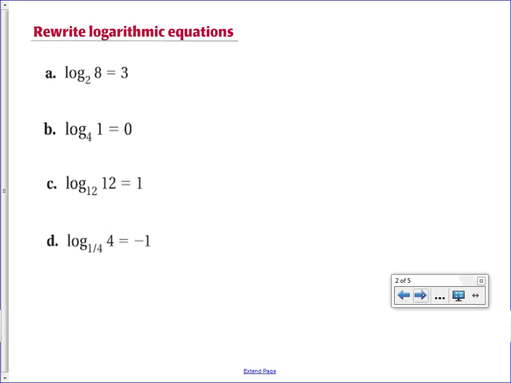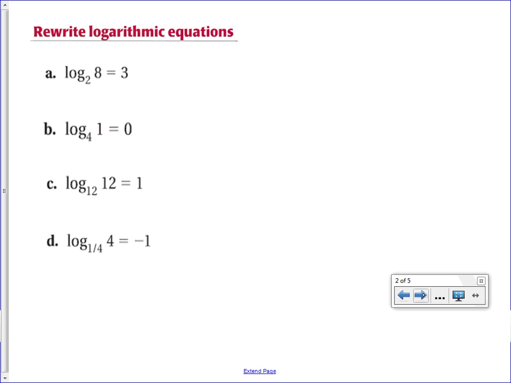All of these are equations written in logarithmic form, and I want us to rewrite them in exponent form. All right? We're not changing anything, we're just rewriting it in exponent form. So when you look at letter A, if you read it to yourself in your head, it says log base 2 of 8 equals 3.